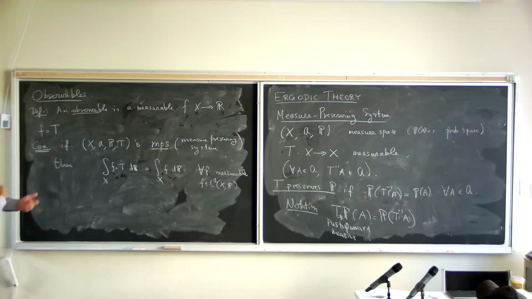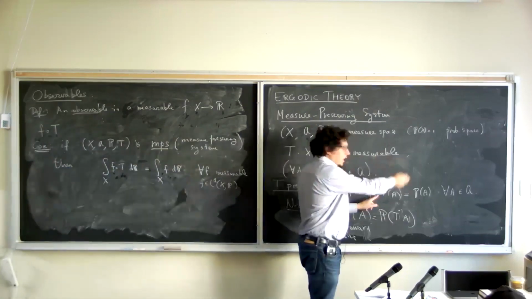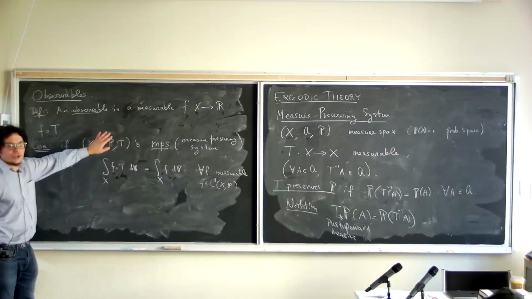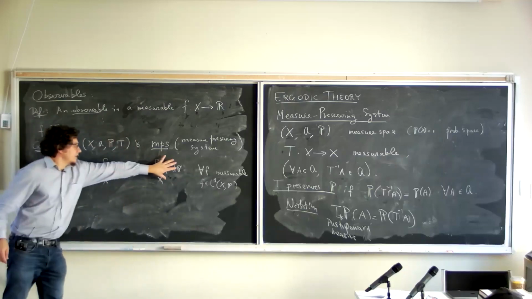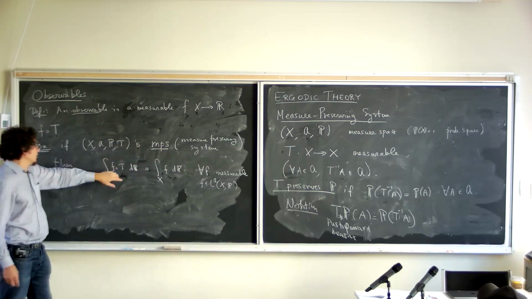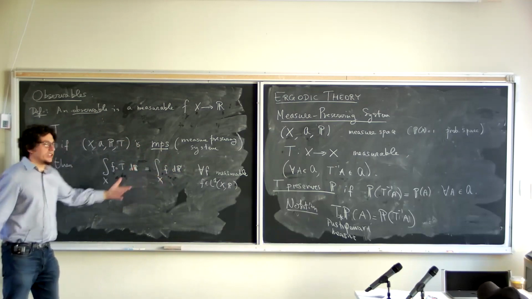So again, if your system is measure preserving, so it's stationary under time evolution, the average temperature on the globe today equals the average temperature on the globe tomorrow. So this is the average of this function f that you're using to probe.